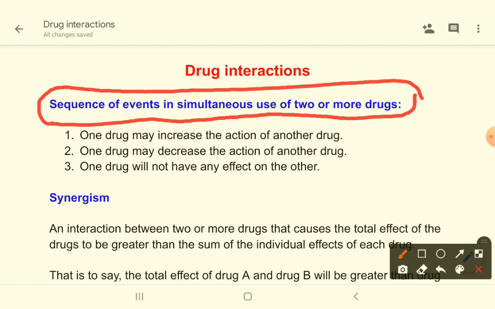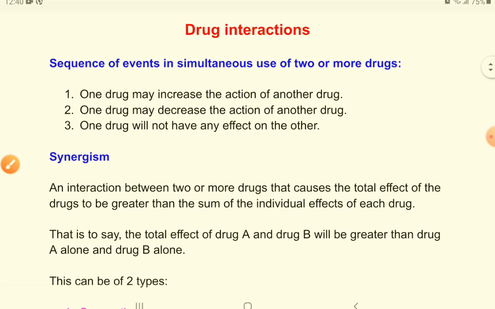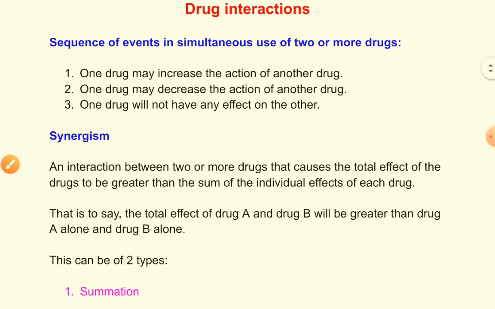Okay, so one drug may increase the action of another drug, or one drug may decrease the action of another drug, or one drug will not have any effect on the other. That means the two drugs will remain completely indifferent to each other's presence. Okay, so these things can happen.